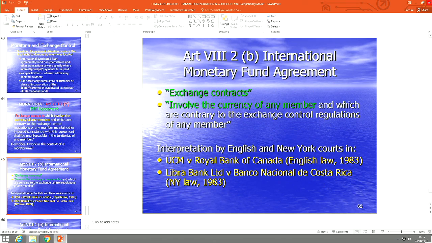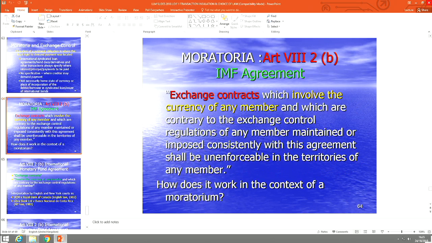New York courts and the English courts said, hang on, Argentine regulations are concerned not with the Argentine peso, but with the US dollar. No payments in US dollars. Therefore, said the US courts, Article 8.2b does not apply because the exchange contract does not involve the currency of Argentina. That's the language of that provision.